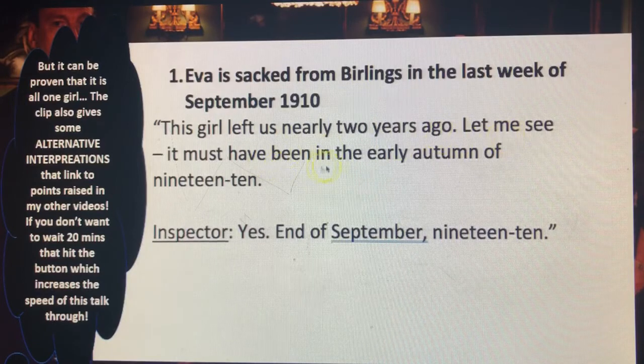"Let me see, it must have been in the early autumn of 1910." "Yes," says the inspector, "end of September 1910." Now we know the inspector isn't lying here because he's shown the photograph to Birling and Birling remembers her. So we know this first instance must be true, and then all other dates will follow from this confirmed fact.